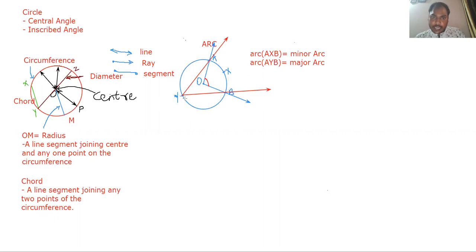At this place you will get an angle. This is representing the inscribed angle.